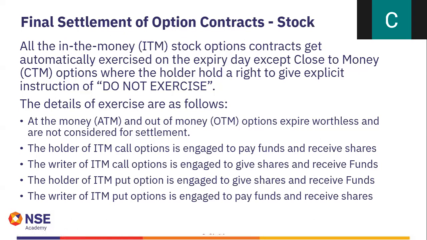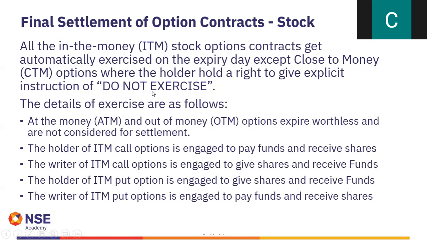Now we have something called do not exercise option. Again, just for your understanding, we'll not just go deep into this, just to give you an idea. Though on the date of expiry, though my option is in the money, though it is giving me positive cash flow, still I have this option called do not exercise.